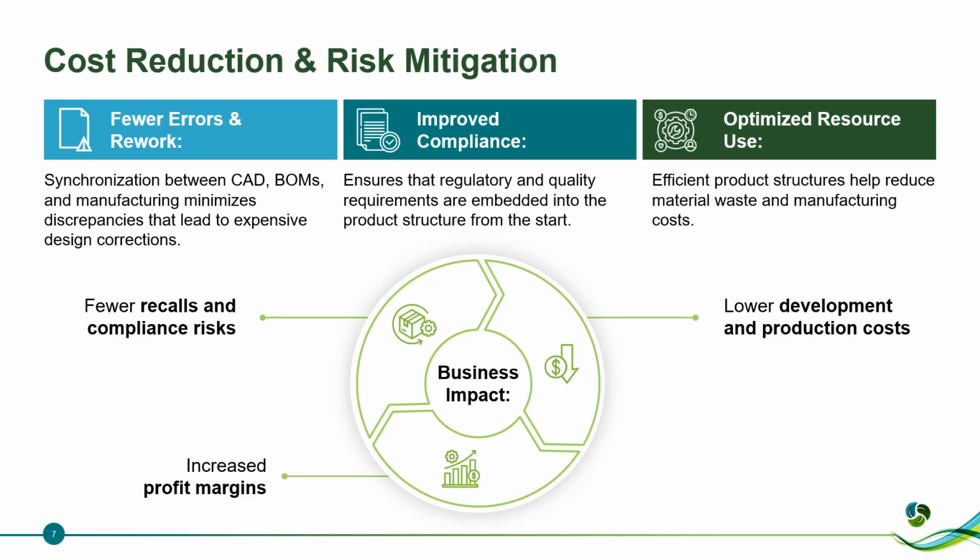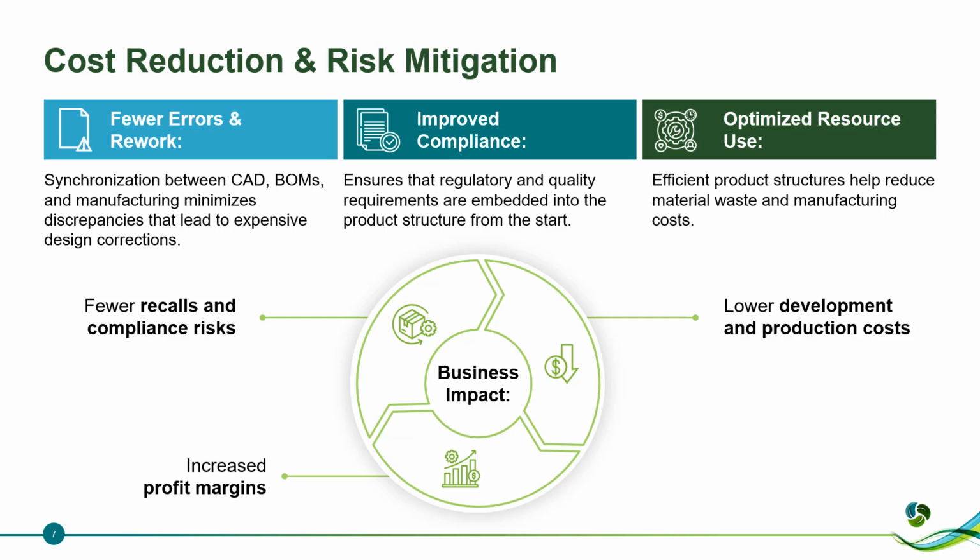The cost reduction and risk mitigation. This also means that you can have fewer errors and rework. Synchronized CAD BOMs. If in the old system in Designer Central, I didn't set it to automatically synchronize and somebody made a change and didn't synchronize, then your BOMs and CAD were out of sync, right?